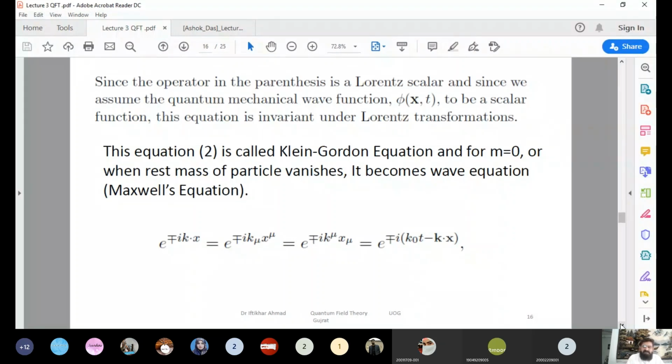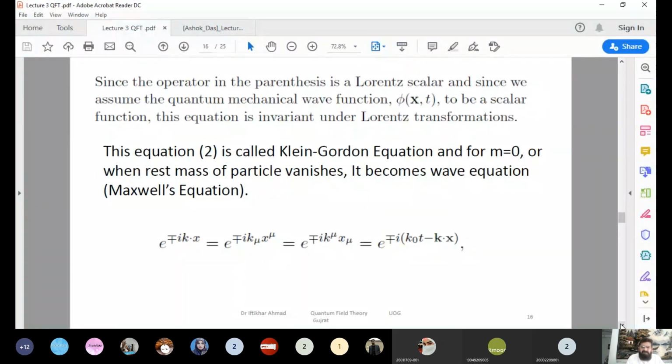When you put m equal to 0, you get partial square phi equal to 0. It means del square equals 0, which is known as the Maxwell equation, and Maxwell also utilized that equation to find the solution of the dynamical system.